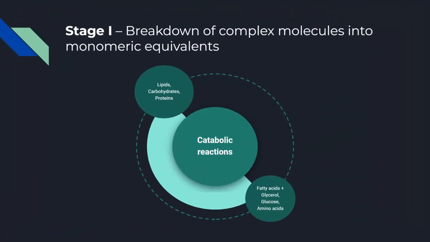Stage 1 includes the breakdown of complex molecules into monomeric equivalents. So, those more complex substances like lipids, carbohydrates, proteins, through catabolic reactions are broken down into fatty acids and glycerol, glucose, and amino acids, respectively.